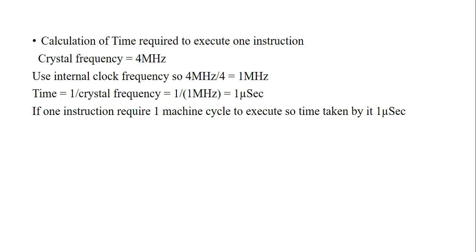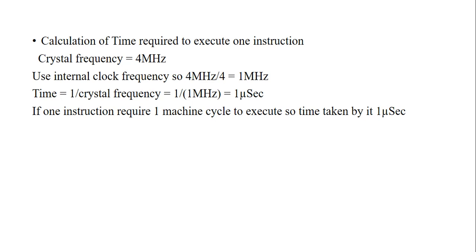We know the relation between time and frequency. Time is equal to 1 upon the frequency, which gives 1 microsecond. So one machine cycle takes 1 microsecond. Some instructions take one machine cycle, and some take two machine cycles.